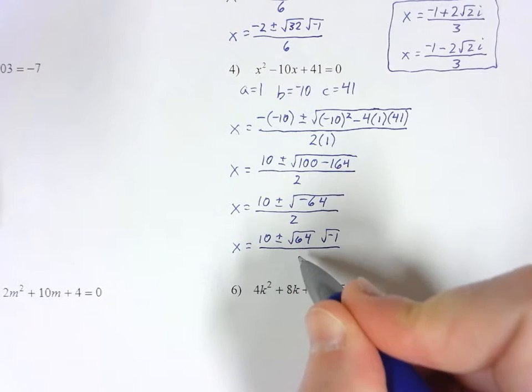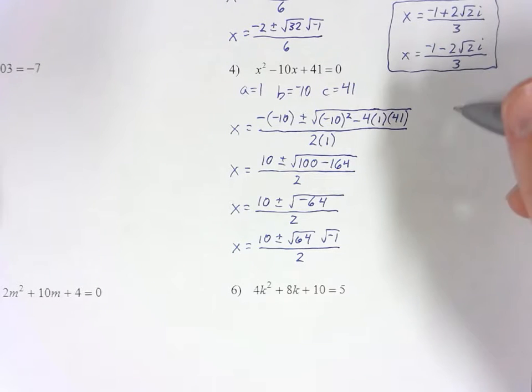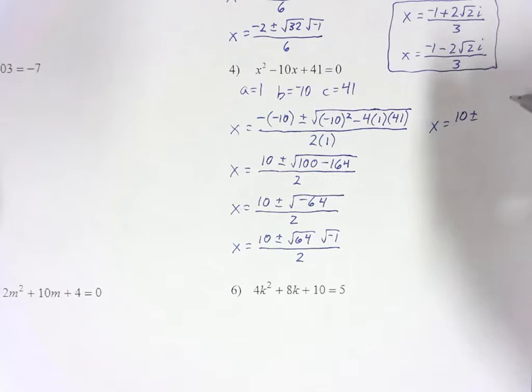So going over to the next column. So x equals 10 plus or minus square root of 64 I know. So I can just write 8 and square root of negative 1 is i.